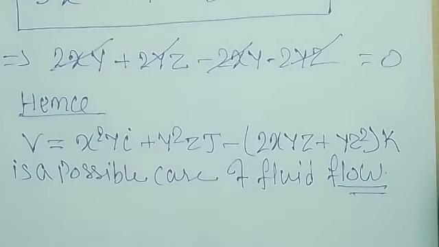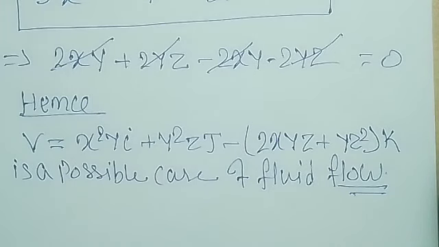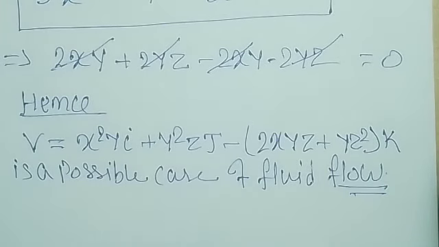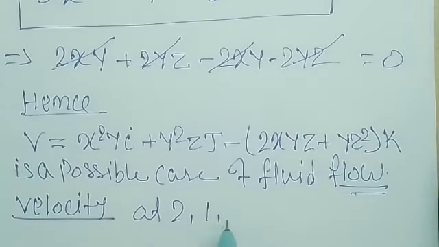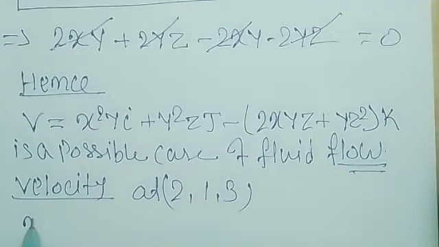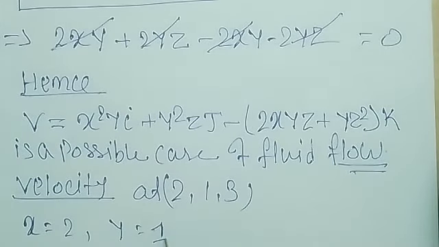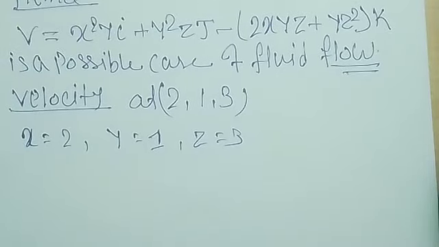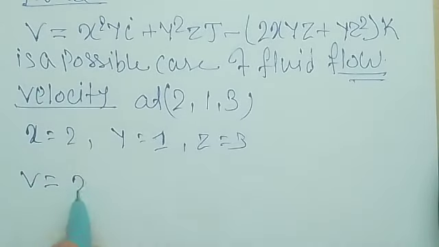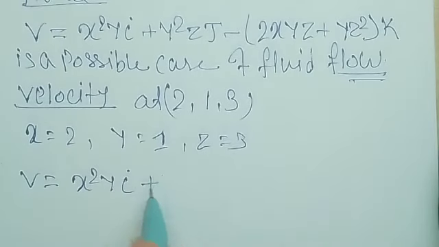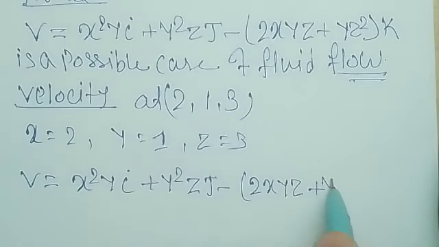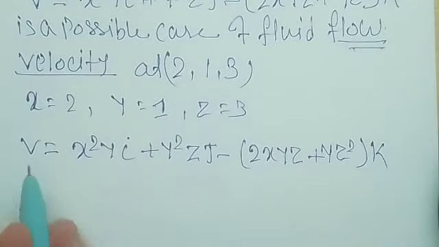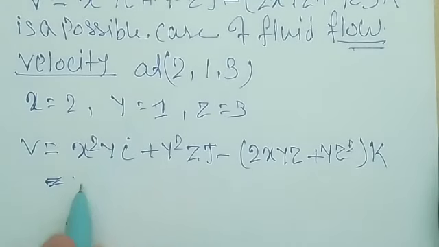Now, once it is a possible case of fluid flow, you have to find the velocity and acceleration at the given point, right? So first we will find the velocity at (2, 1, 3). It is given, which means x = 2, y = 1, and z = 3. So V = x²y i + y²z j − (2xyz + yz²) k. Here x is 2, so 2 twos are 4, into y is 1, so 4i.